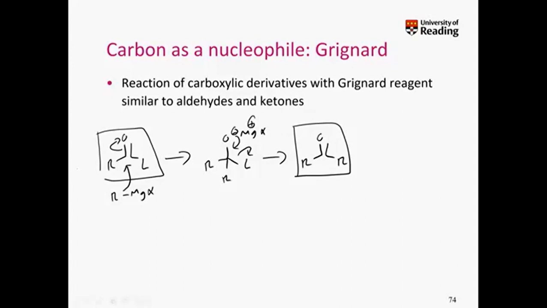Both of them can react with the Grignard reagent, and as we'll find out in a minute, the ketone could be more reactive than the starting material, and so if you add another molecule of Grignard here, we would end up adding another R group to this, and we would end up with another alcohol.